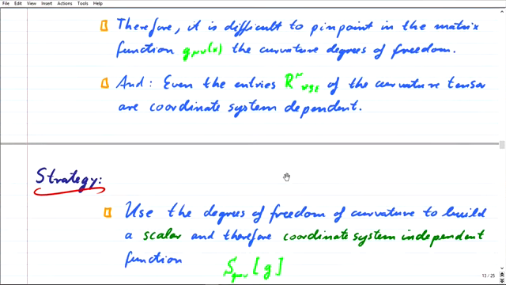And remember that not only the G mu nus are coordinate system dependent, also the R mu nus don't really help us all that much. You see, the Riemann curvature tensor is also itself coordinate system dependent to some extent.